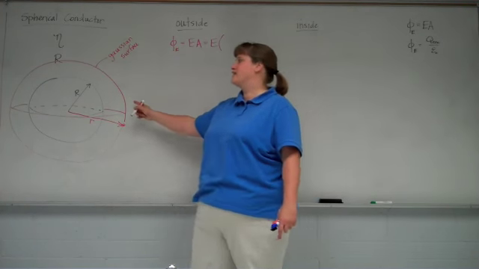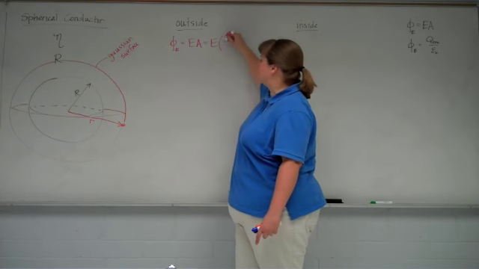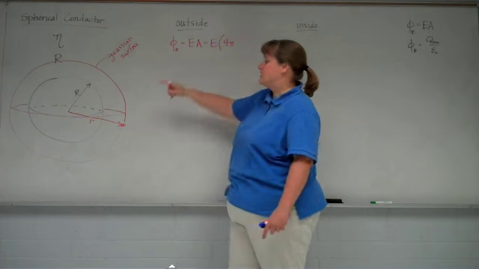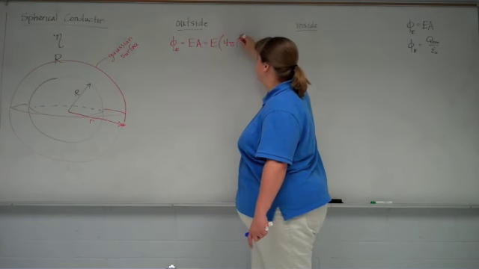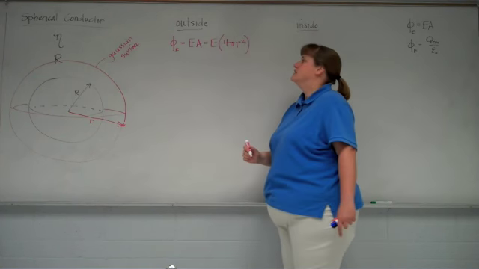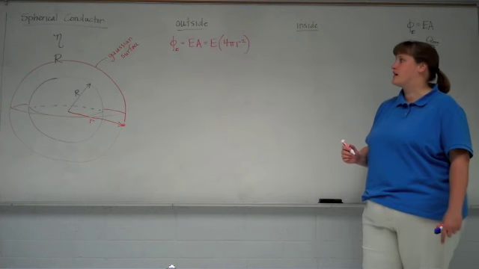So we need the area of this red one that we've drawn. Since it's a sphere, surface area of a sphere is 4 pi, and we need to use the radius of the Gaussian surface, so little r squared. So flux will be E times 4 pi r squared.